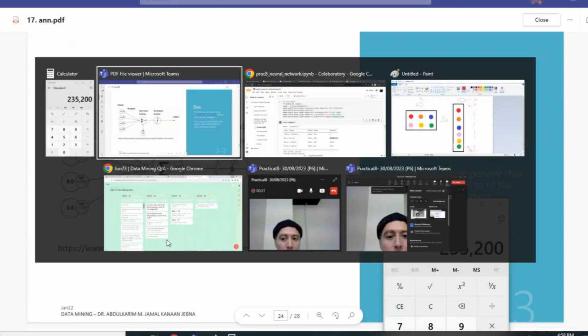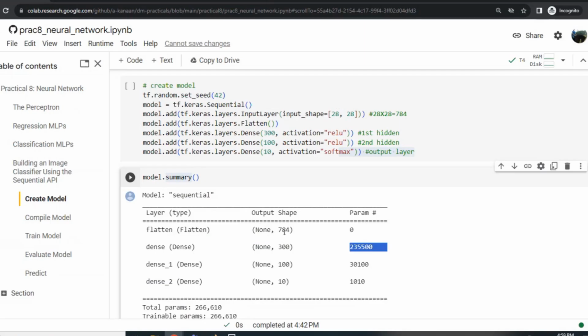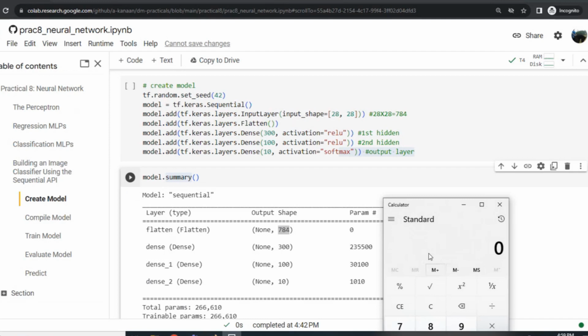So now checking back here, the inputs for this hidden layer is 784. Add 1 for the bias because we have bias. So again, let's calculate: 784 plus 1 becomes 785. Multiply by 300, then we get 235,500. Because we have extra input from the bias.